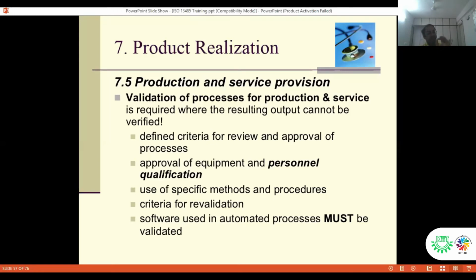You have to define a single person for carrying out the process. You can do a validation for multiple persons, but only if they are trained and qualified for carrying out that process, then only can they do that process for the validations.